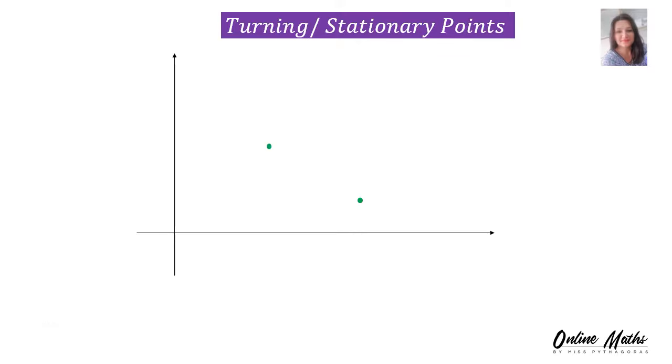The next thing that you need to know is something that we call the turning points, or we refer to them as the stationary points. Now, when your a is positive, greater than 0, this is the shape of your graph.